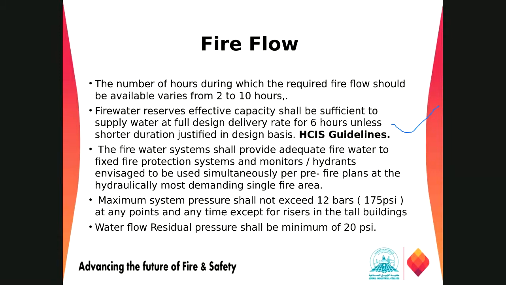Otherwise, the minimum capacity should be 6 hours at SCIS. Those fire water lines should provide fire water for the fixed fire protection system as well as the manual fire protection system, which is the monitors, hydrants, and so on. The maximum pressure should be limited to 175 psi, and the residual pressure shall be a minimum of 20 psi.